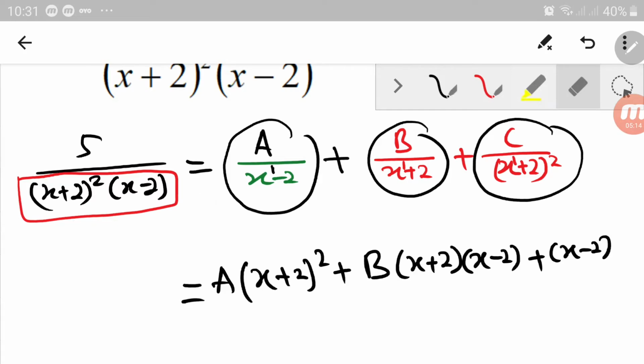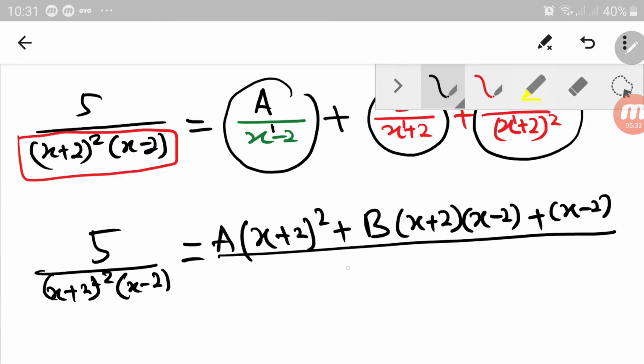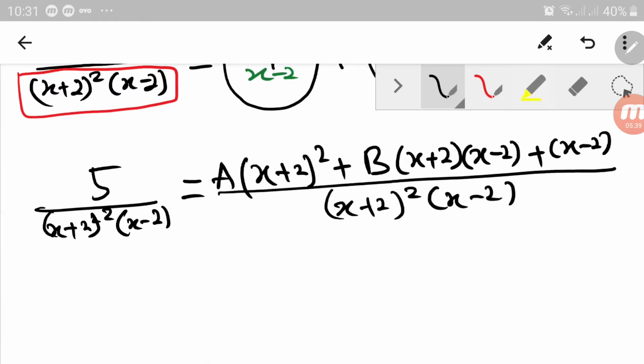I erase this one, it confuses more. So this one is x, and then 5. Now next, the everything over (x + 2) squared (x - 2). This one is already combined, (x + 2)^2 (x - 2). And then we compare.